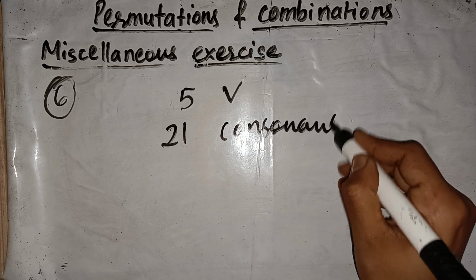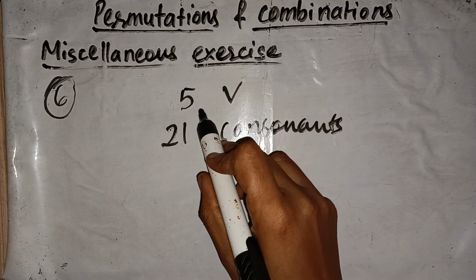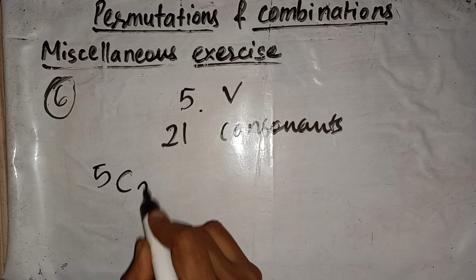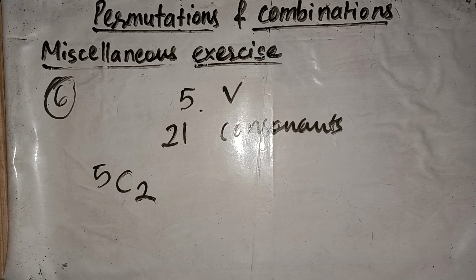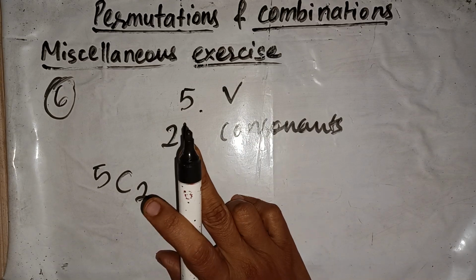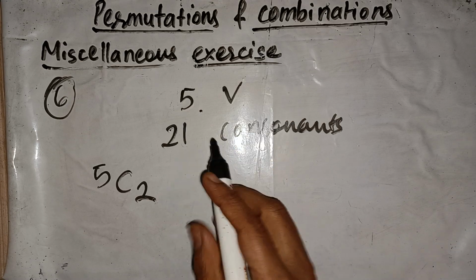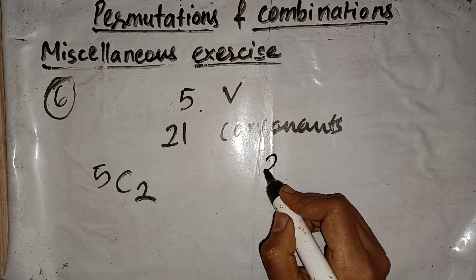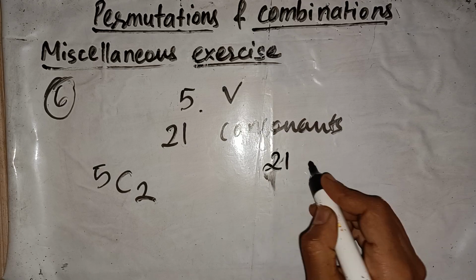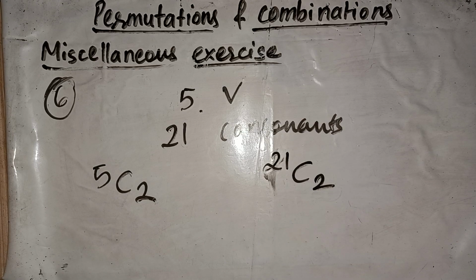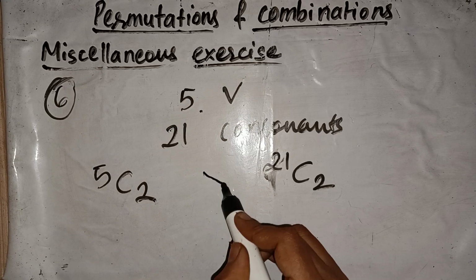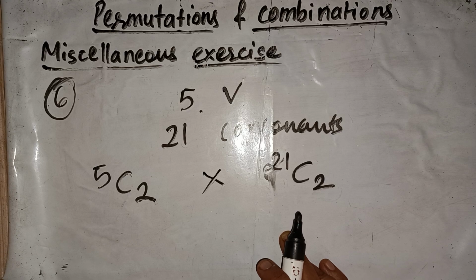We have to choose 2 vowels, so 5C2, and 2 different consonants also, 21C2. Correct? Total is the product of these.